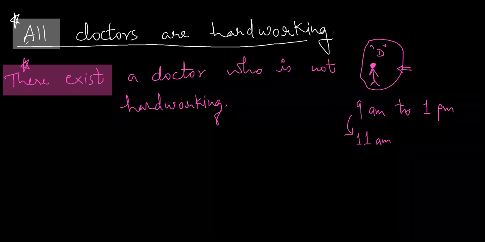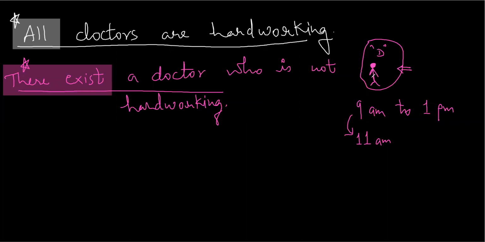You said no, there exists a doctor, because you know at least this doctor is not hardworking. So here, all is the universal quantifier, and there exists is the existential quantifier.